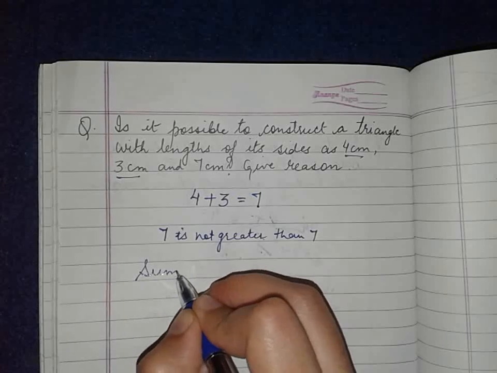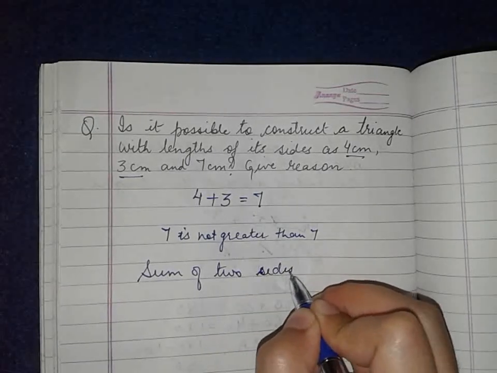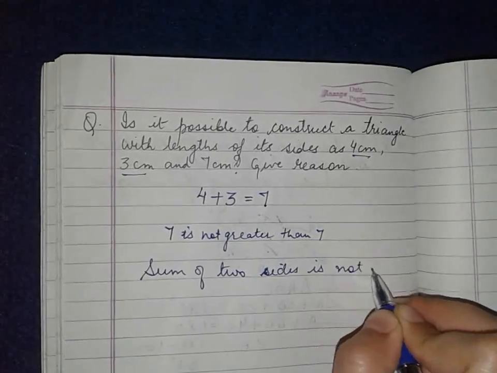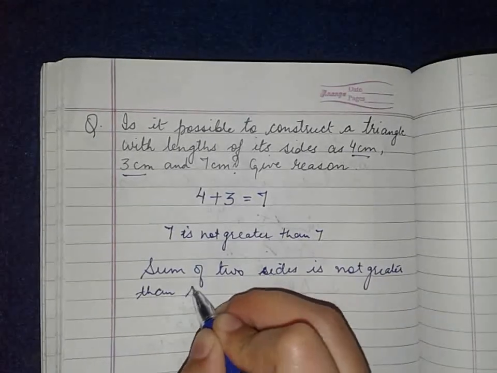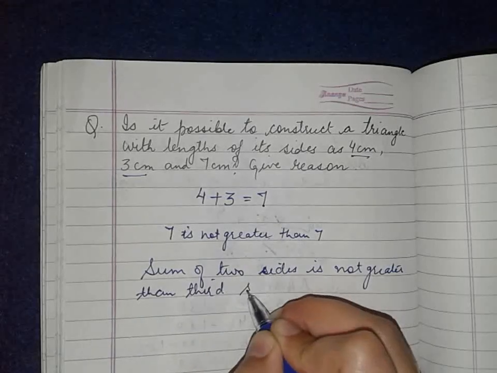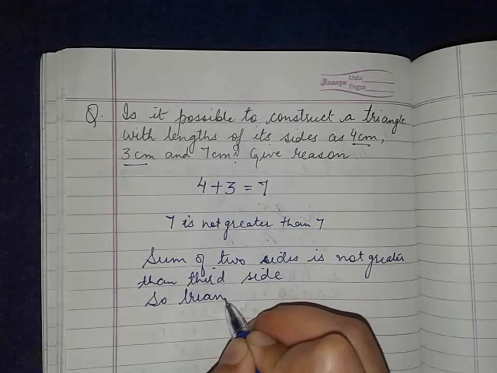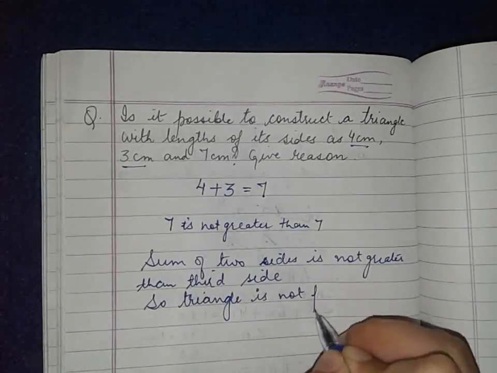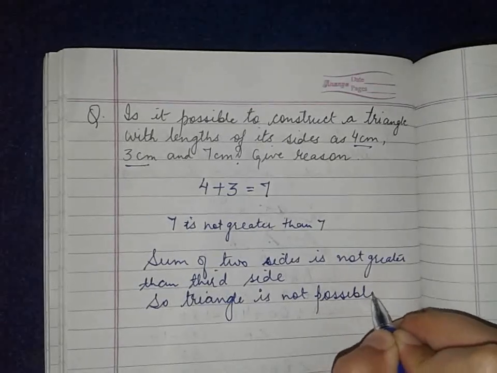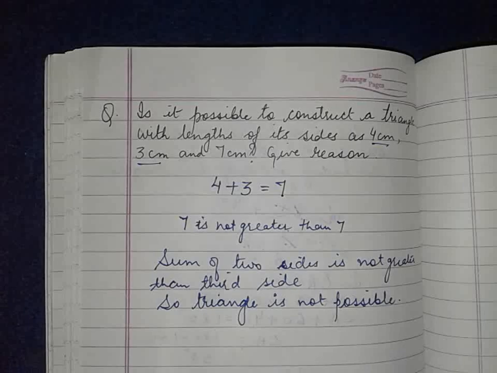The sum of two sides is not greater than the third side. So the triangle is not possible. The sum should always be greater than the third side. It can't be equal, it can't be less.